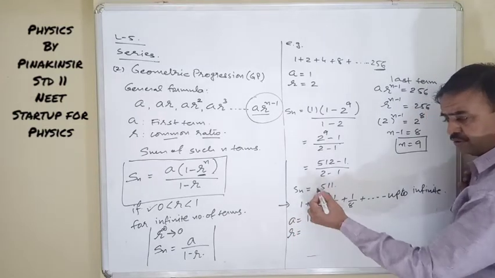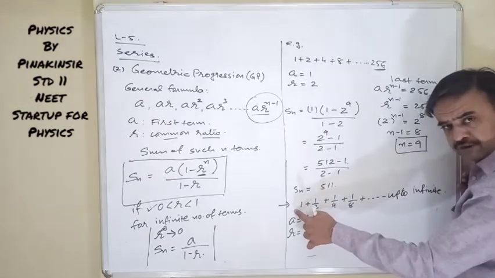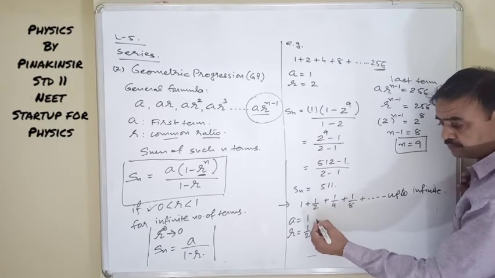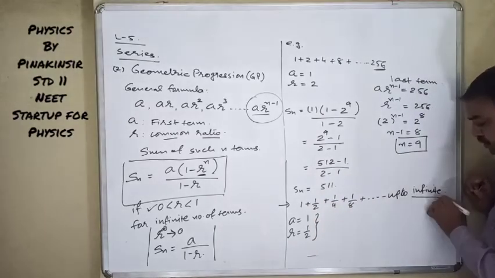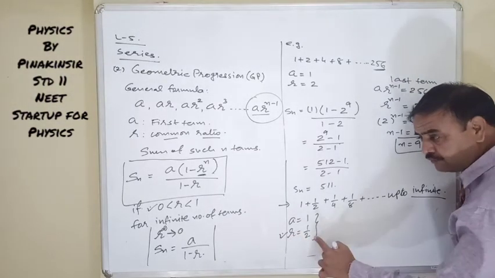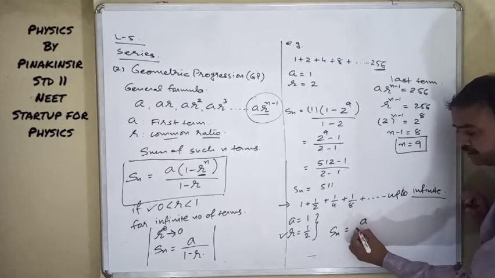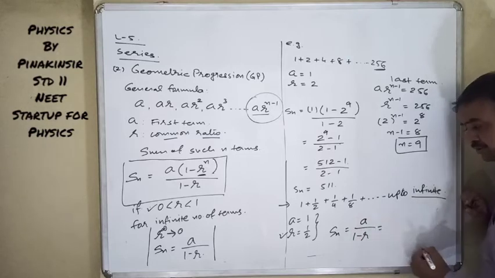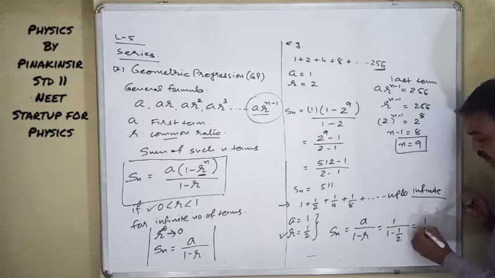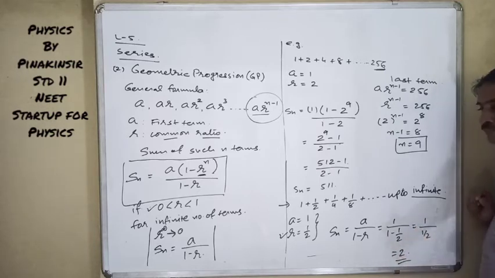The common ratio is, you can see here, very clear. 1 half divided by 1 is 1 half. 1 by 4 divided by 1 by 2 gives you 1 half, and thereby see here, up to infinity your r is less than 1, so we can use that second formula. The summation will be equal to a divided by 1 minus r, which is nothing but 1 over 1 minus half. Again it will be 1 half in the denominator, and your final answer is 2 there.